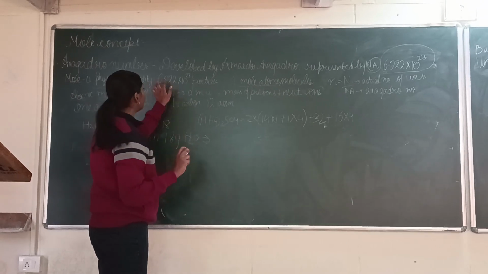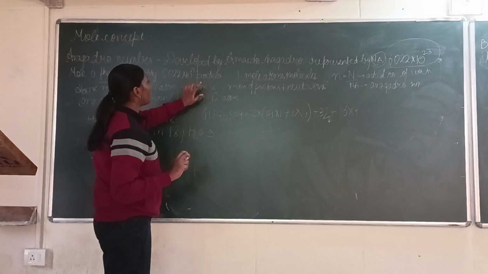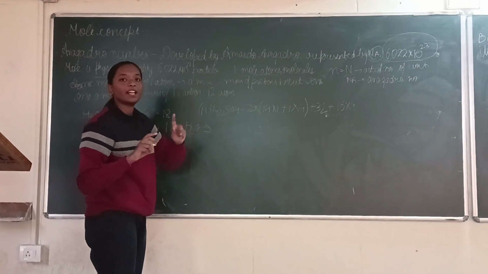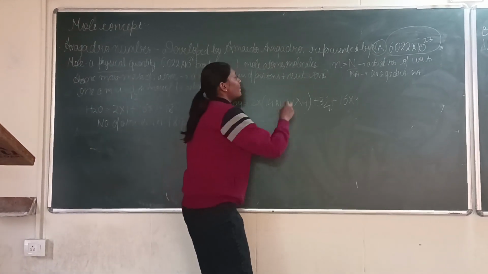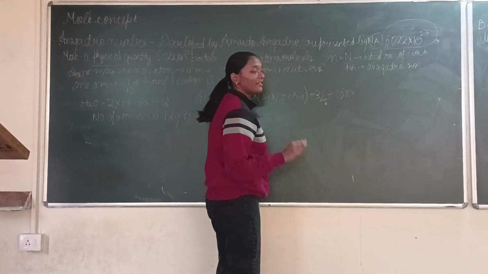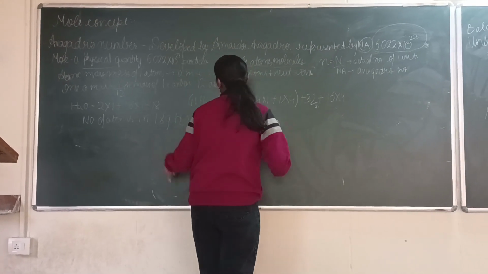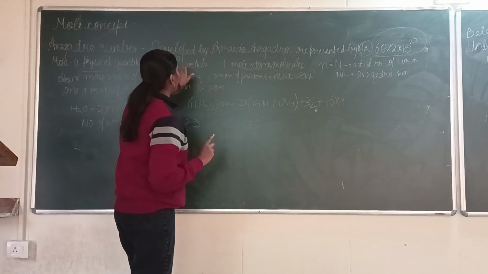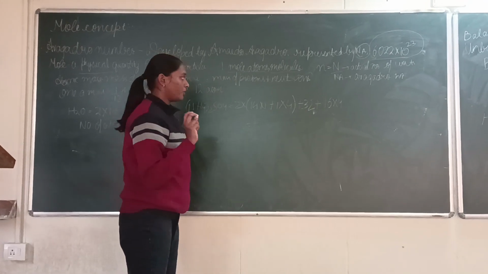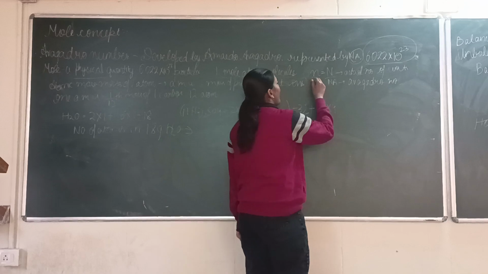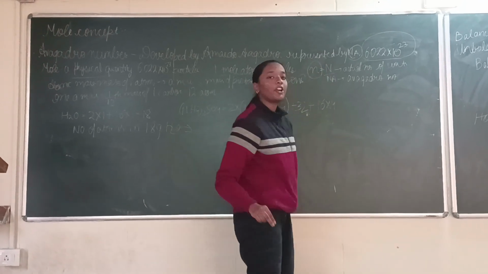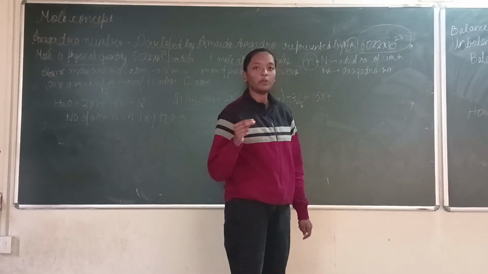Similarly, for molecules, one mole of molecules contains 6.022 into 10 to the power 23 molecules.